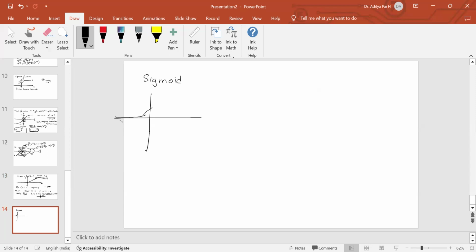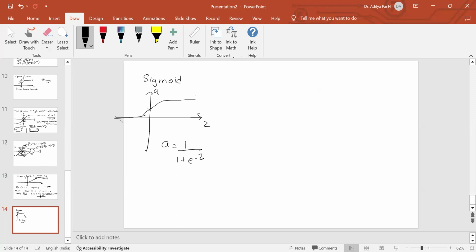Around 0, say between -0.1 and 0.1, it will be coming to the 0.5 region. The moment it is positive, it will be coming towards the 1 region. This is my A, this is my Z. So A is equal to 1 by 1 plus e power minus Z.